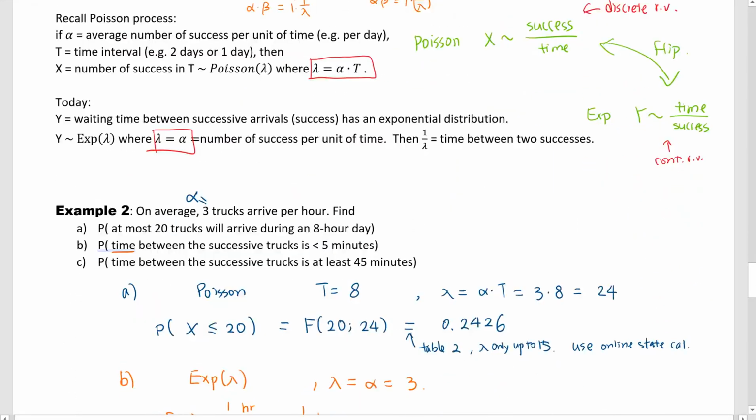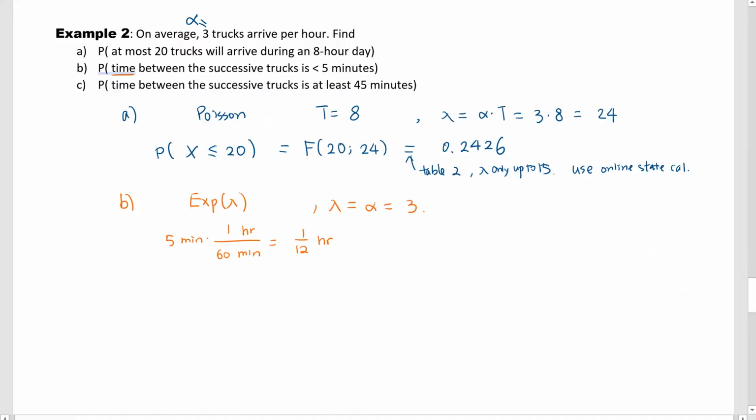So the probability that the successive time is less than 5 minutes, which is 1/12 hours, is the integral from 0 to 1/12 of lambda e to the minus lambda x, where lambda is 3.